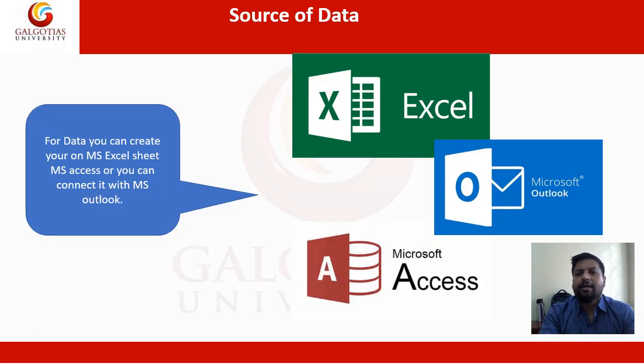Here you can see I just mentioned some sources of data. Source of data means from where you can collect your list of recipients. You can use Excel, which means you have to enter all the details manually, like name, phone number, address, everything. Next one is Microsoft Outlook.